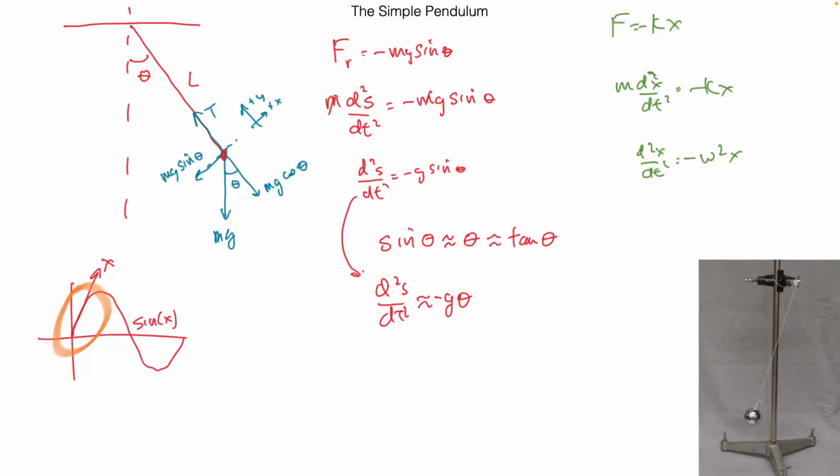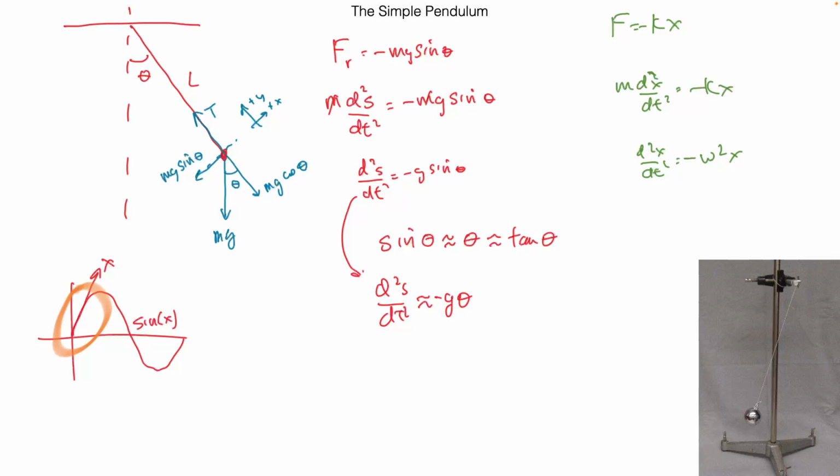This small angle approximation becomes very powerful for simplifying your life in a lot of different ways. When you don't do this approximation, you get nasty differential equations. What we're trying to do is avoid solving a differential equation altogether, even though we've got one sitting right here. This is a second order differential equation with thetas and s's and all kinds of stuff.